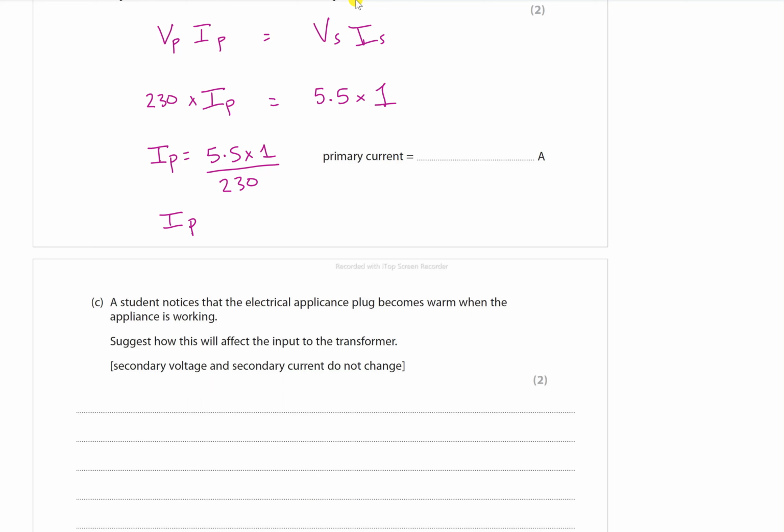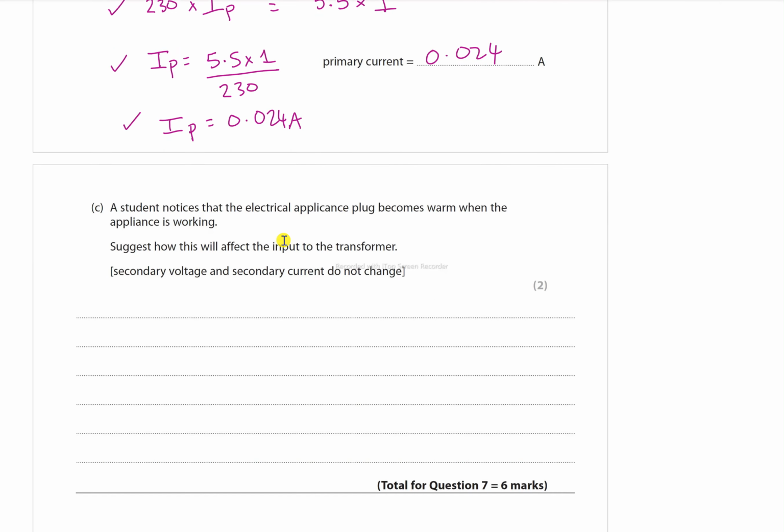So IP for us should equal 0.024 amps. So if you put this into the calculator. Our habit is write the formula, substitute, rearrange, substitute, then give your answer. I know it's only a 2 marker, but that's our habit, because we don't lose any method marks or working out marks.